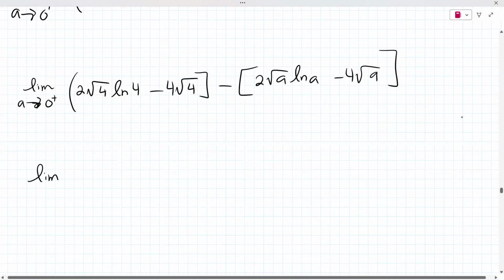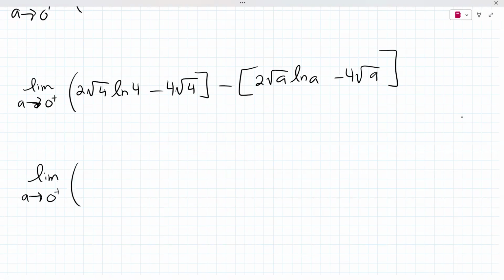So the limit as a approaches 0 to the right of 4 ln of 4 minus 8 minus 2 square root of a ln of a plus 4 square root of a.